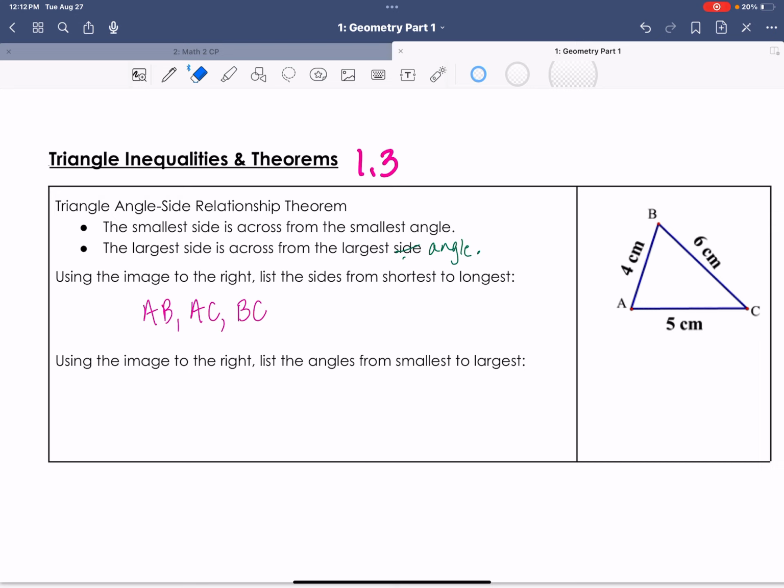All right, now it wants us to list the angles from smallest to largest. This is where you've got to pay attention. If I said that AB is the smallest side, that means angle C, which is opposite, is going to be the smallest angle.